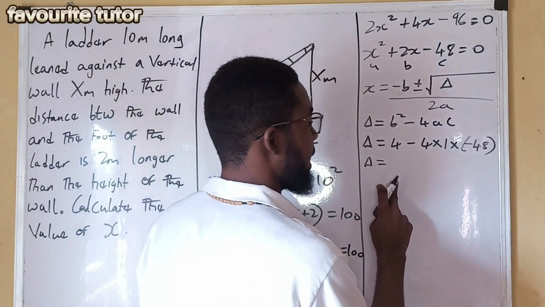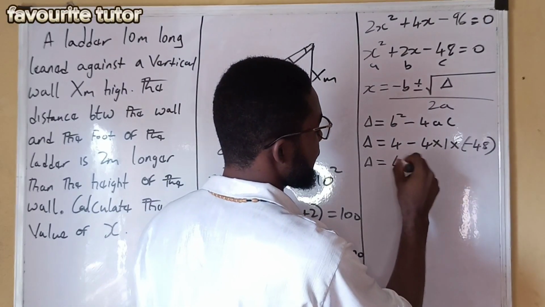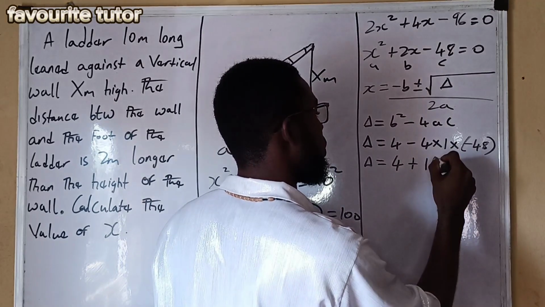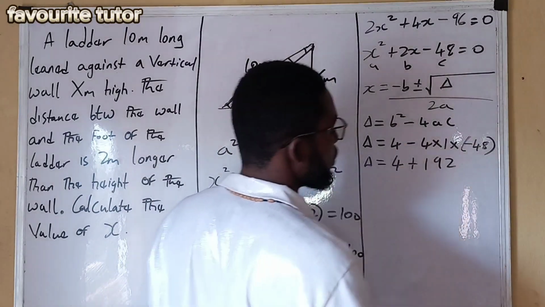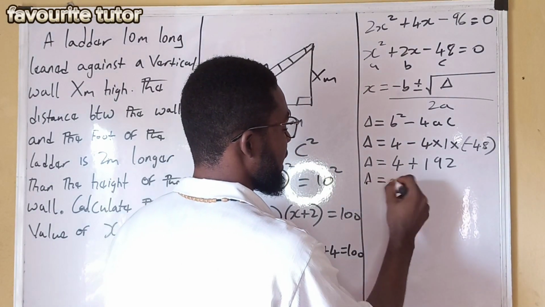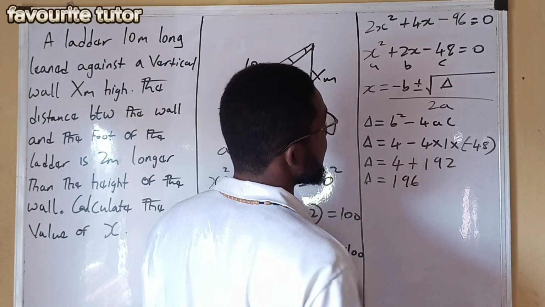So therefore, I have 4, and minus times minus will be plus. I have 192, because 4 times 48 is 192. So I have 196.